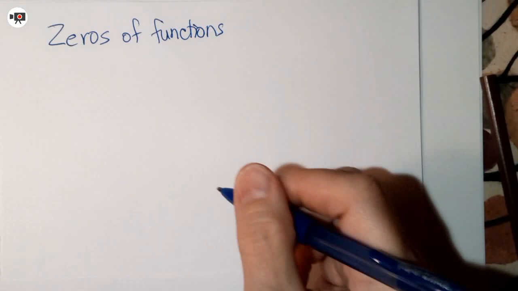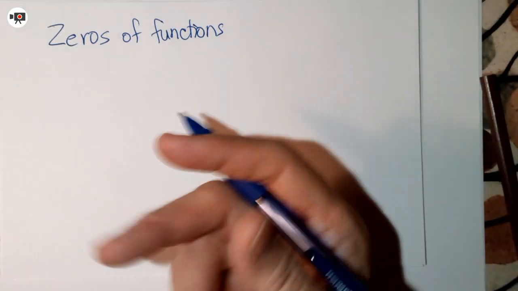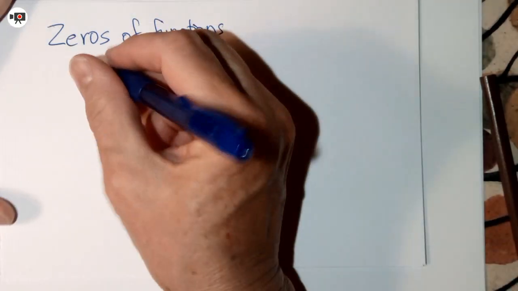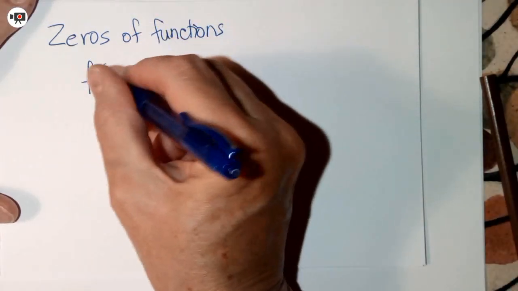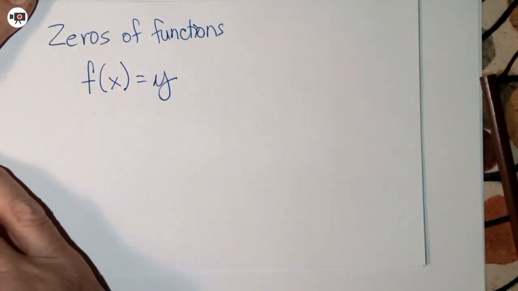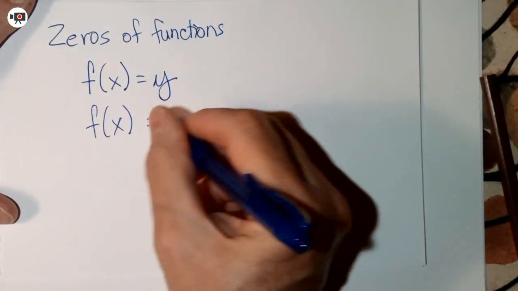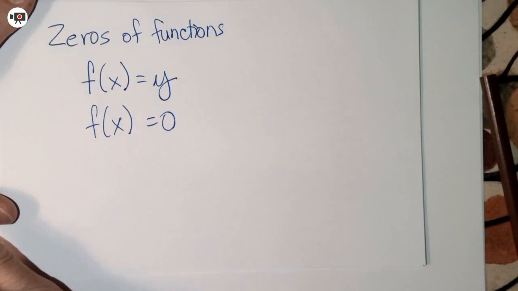Remember, when an equation is written in function form, it would be like slope-intercept form, but we would usually use the term f of x instead of y. And to find the zero of a function, f of x would be 0. That would be the zero of the function.